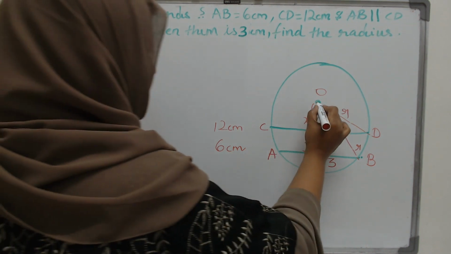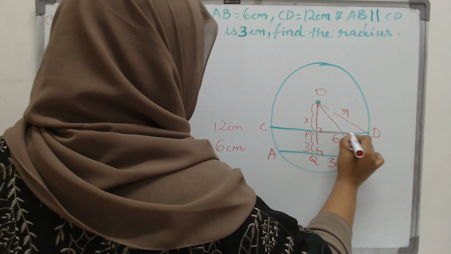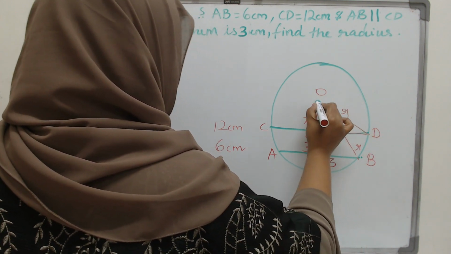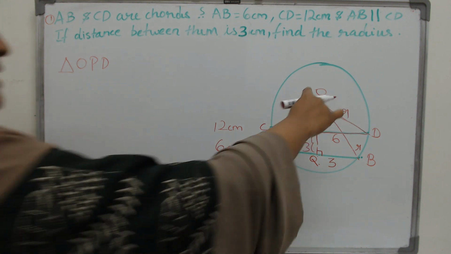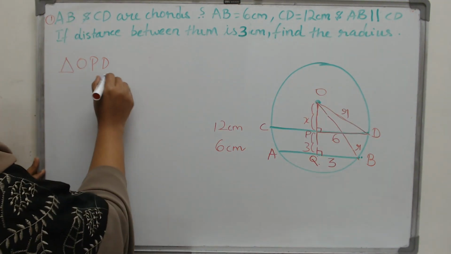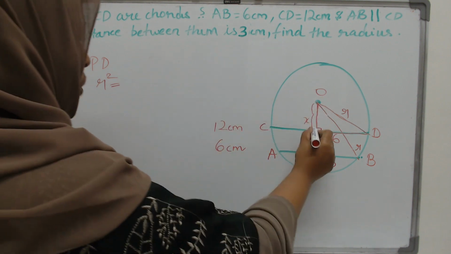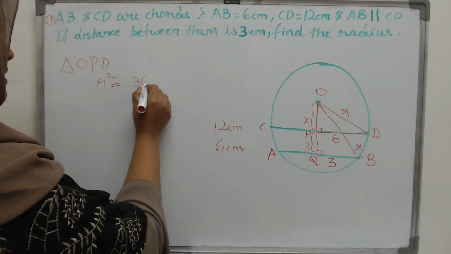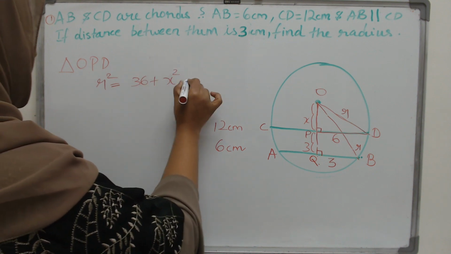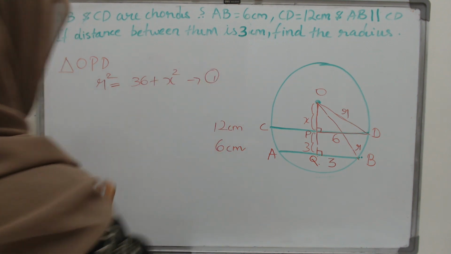It is a right angle triangle, which means with your eyes closed you can apply the Pythagoras theorem. What is the hypotenuse? It is R. So take the square of R. What are the two sides? X and 6. So the square of 6 is 36, R squared equals 36 plus x squared. You have got your first equation.